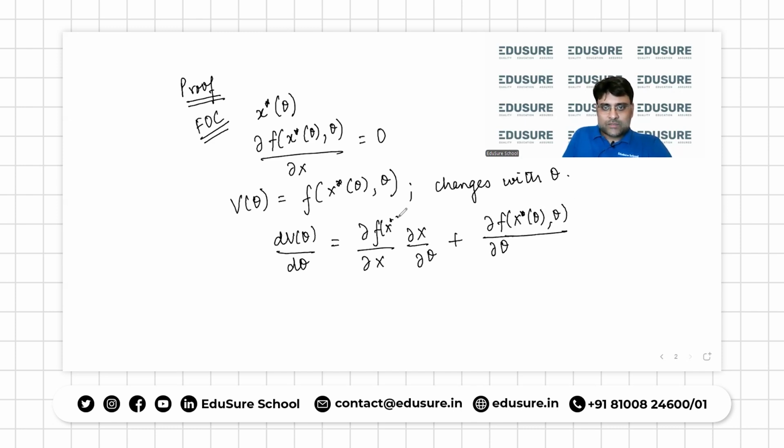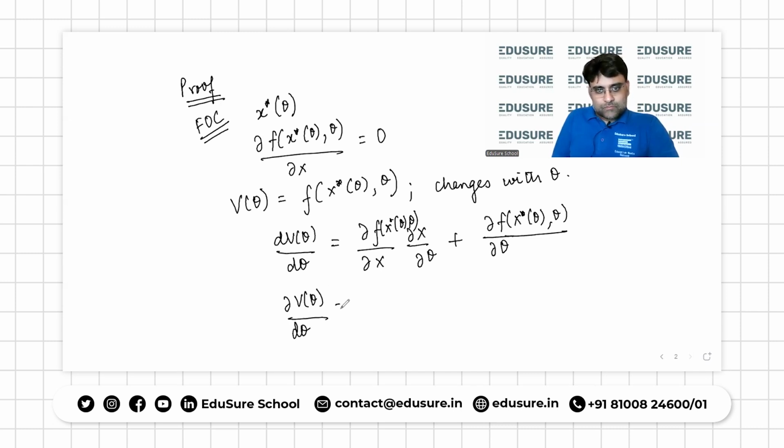Now we know for a fact that the first order condition is del f del x is equal to 0. So this particular derivative simplifies: this part is 0, and what remains is del f del theta.